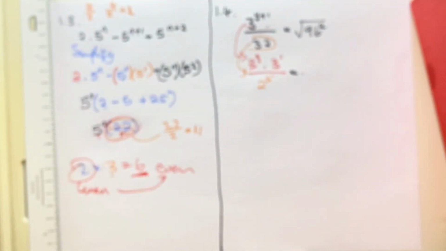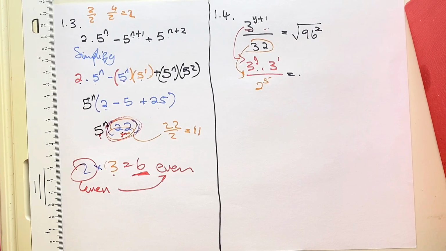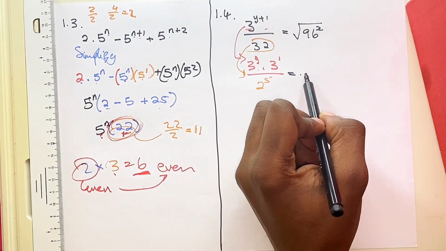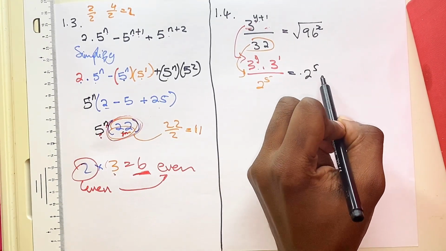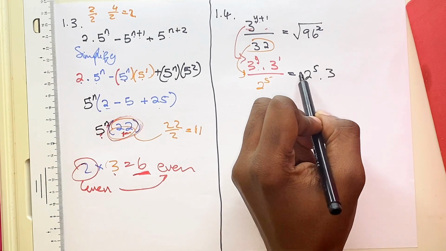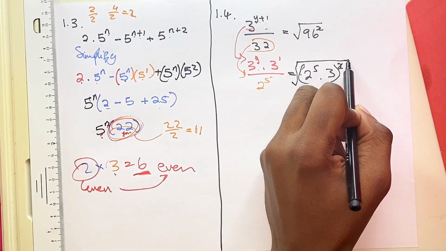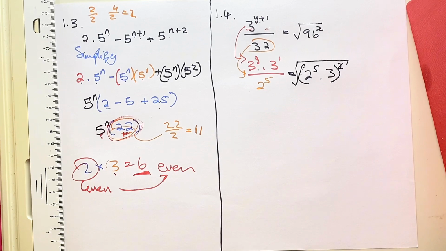So we write it in that form and say, okay, 96 is 2 to the power 5 times 3, all to the power x, all under a square root.